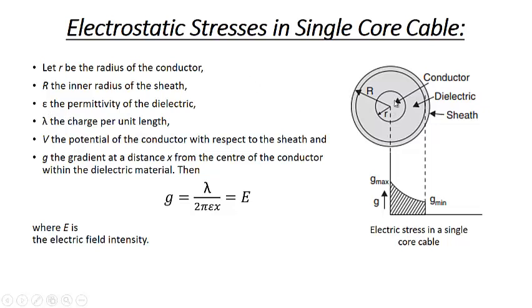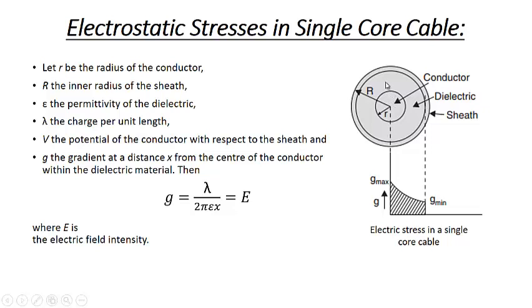Let this conductor have a charge per unit length of lambda, and let this conductor be at a potential of V with respect to the sheath, and let g be the gradient at a distance of x from the center of the conductor within the dielectric material.